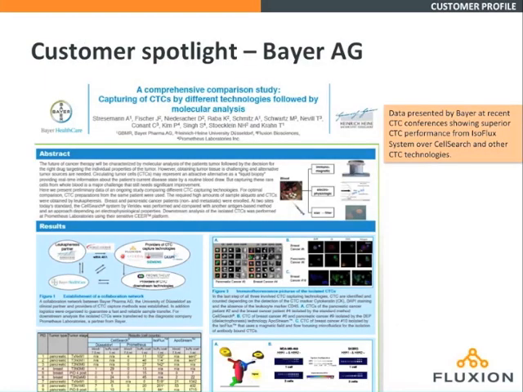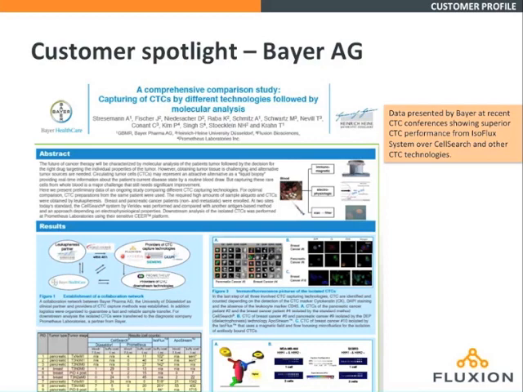So a little bit more about the Bayer study, and I should mention that the folks there have worked with our system for quite a while and are one of the first IsoFlux customers. What they really did is they made circulating tumor cells a real priority in their cancer biomarker program. And as part of that, they looked at a number of providers for capture technologies.